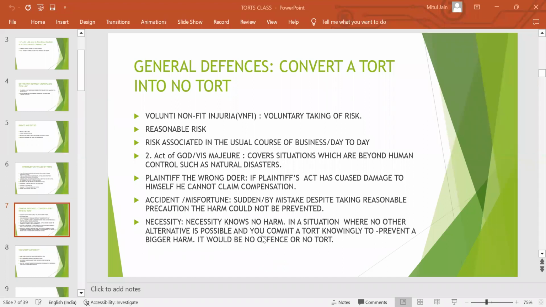The clock tower is in a very old, dilapidated condition. An earthquake comes and the clock tower collapses.